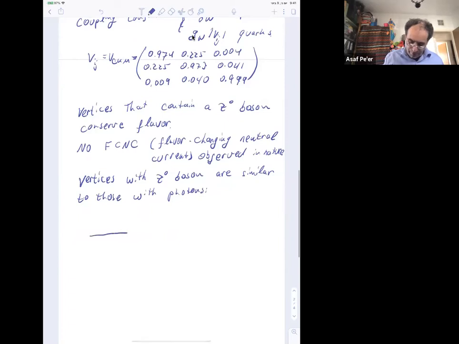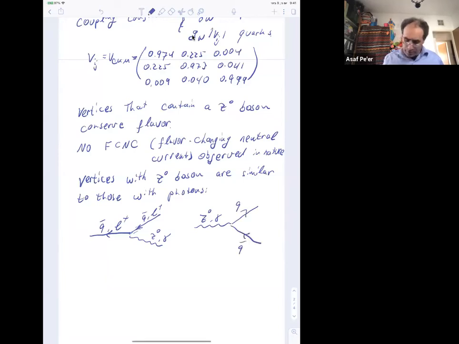And so, for example, we can have a quark and anti-quark or lepton and anti-lepton interacting via the Z0 or via the gamma. So we can have a Z and a gamma producing a pair of quark, anti-quark, or lepton, anti-lepton. These are things that we see in nature.